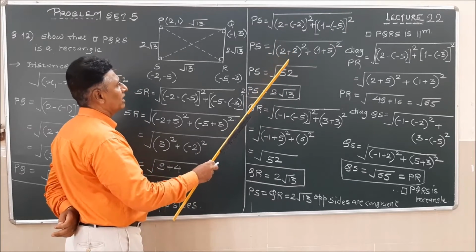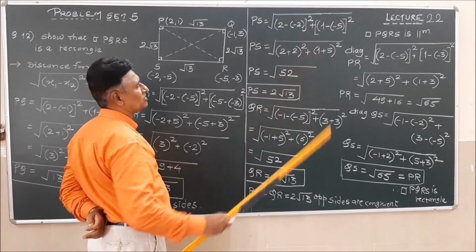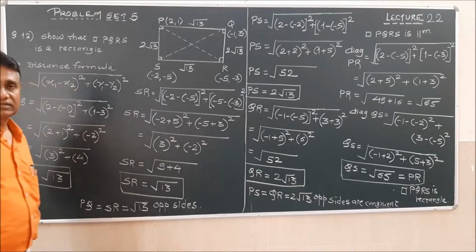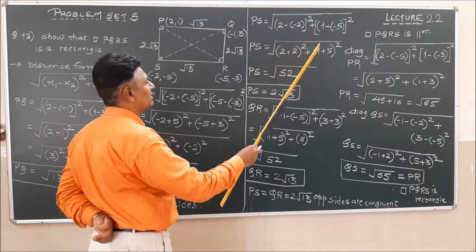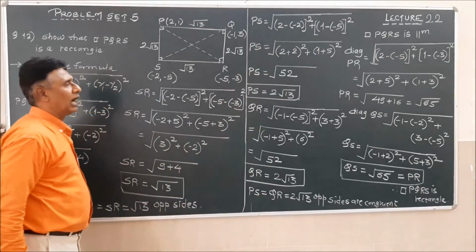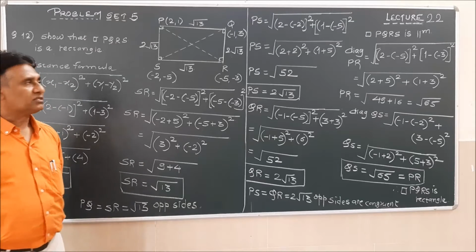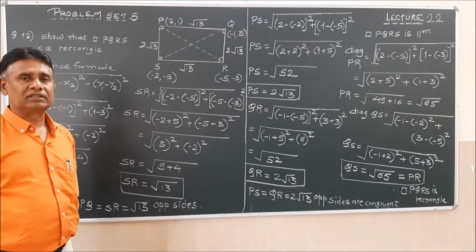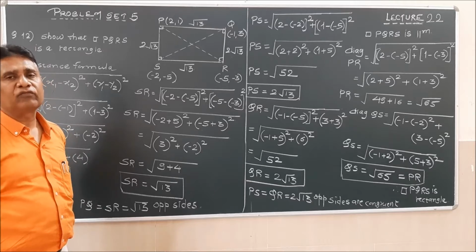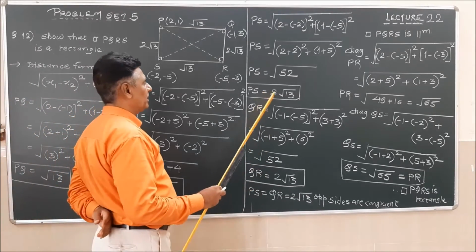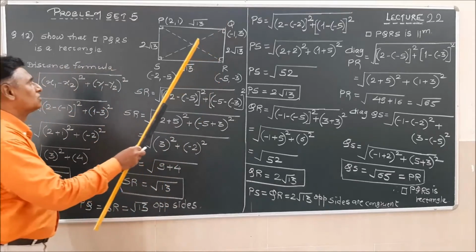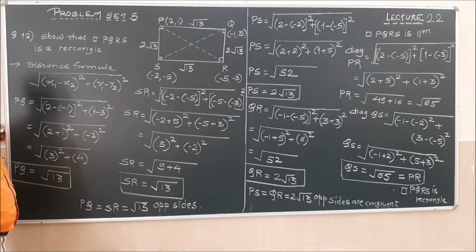So 4 square is 16 and 5 plus 1, 6 square is 36. Try to understand this again. 16 plus 36 will give you 52 and square root of 52. Since you all know 52 is nothing but 13 fours, and square root of 4 is 2, PS is 2 root 13.